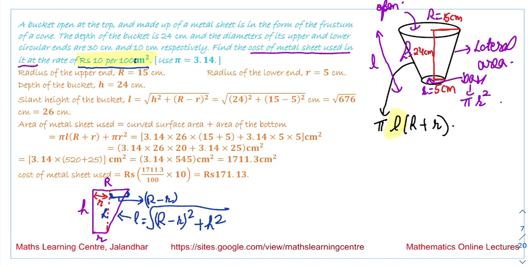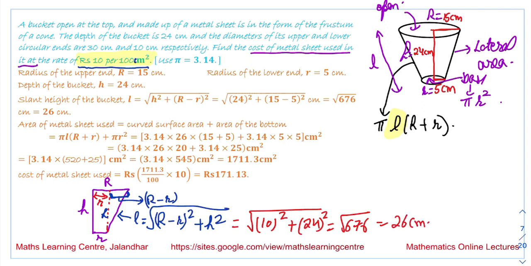On substituting, R is 15 and small r is 5, so it is 10 square plus H square, which is 24 square. We get 676, which is equal to 26 centimeters.